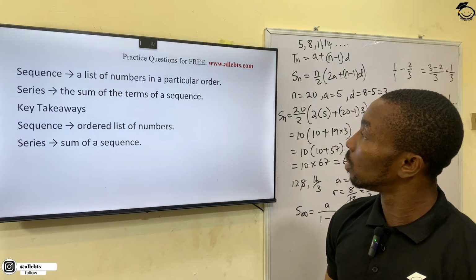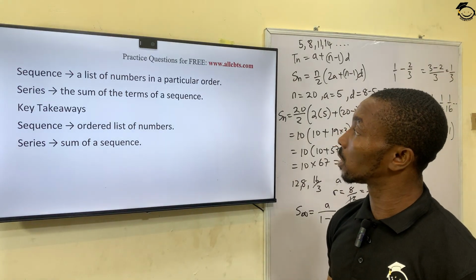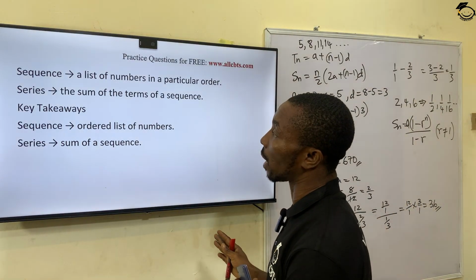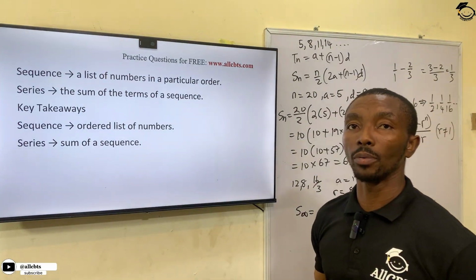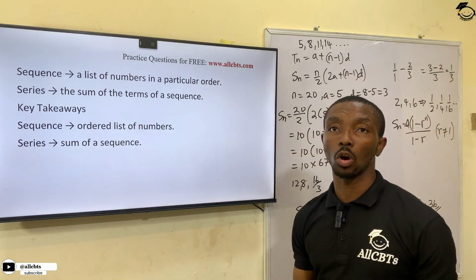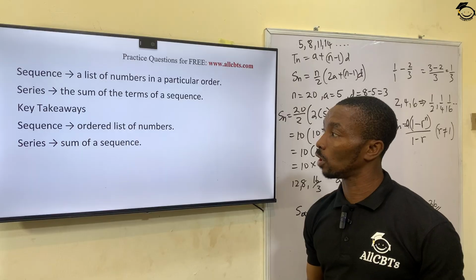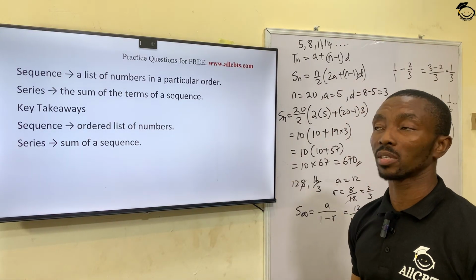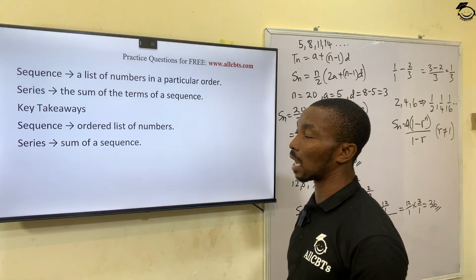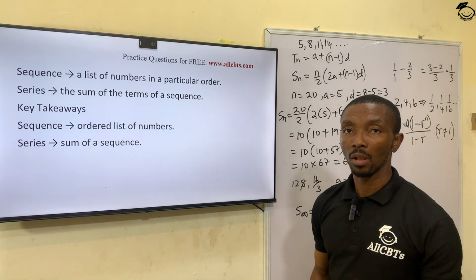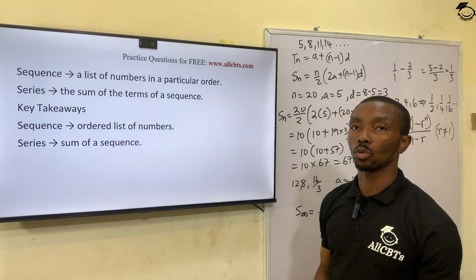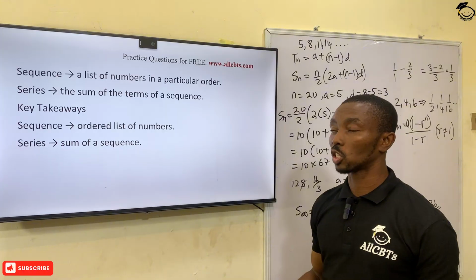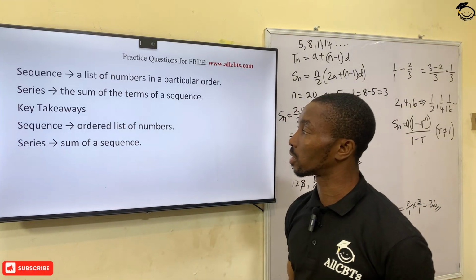Now, still on our recap, we said earlier that a sequence is a list of numbers in a particular order, while our series is the sum of terms of our sequence. The important thing to take away here is to always remember that a sequence deals with an ordered list of numbers that follow a certain rule, while a series is the sum of our sequence.